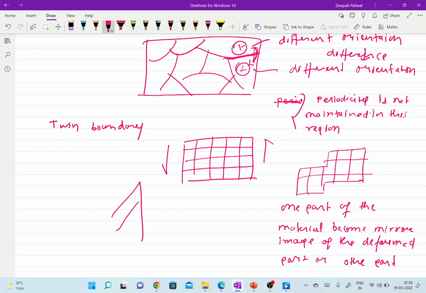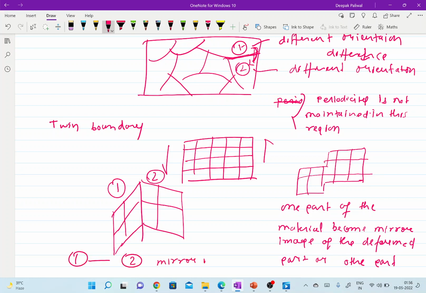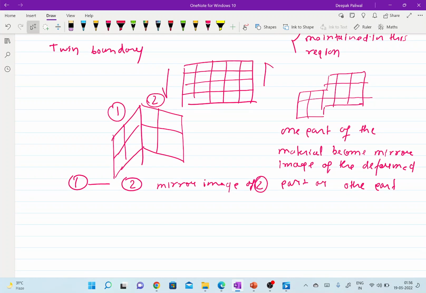Suppose deformation is happening like that. This is plane 1 and this is plane 2, so 1 becomes the mirror image of 2. The boundary between the twin regions is known as the twin boundary.